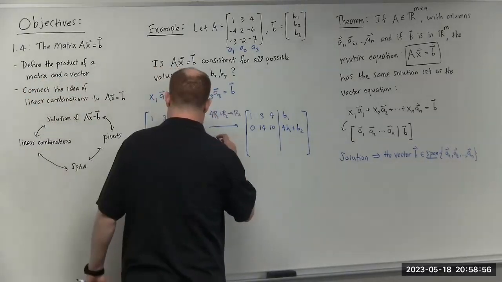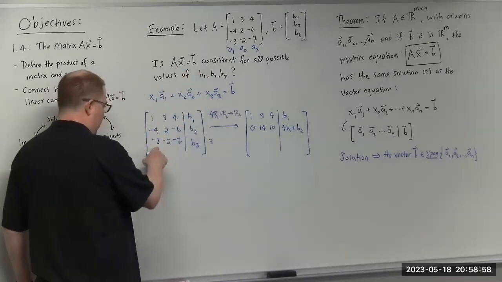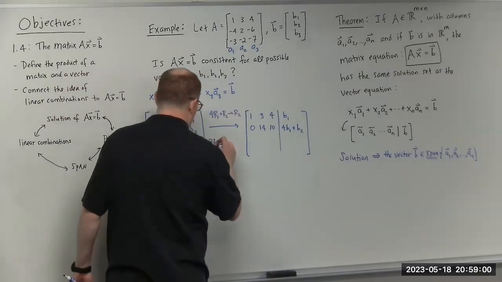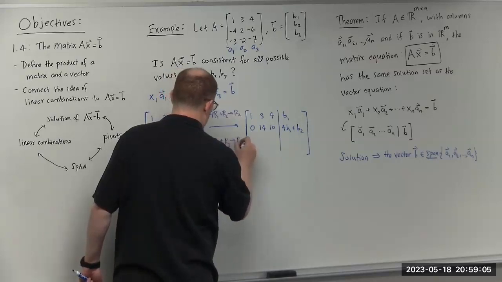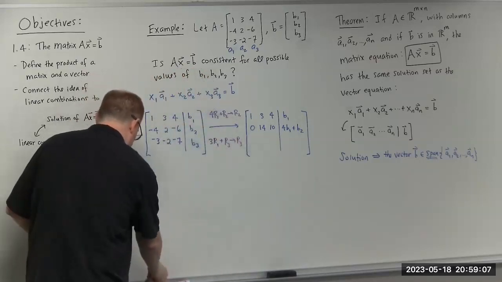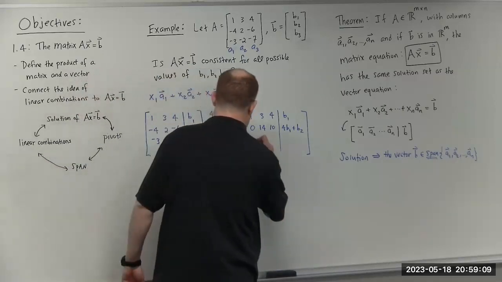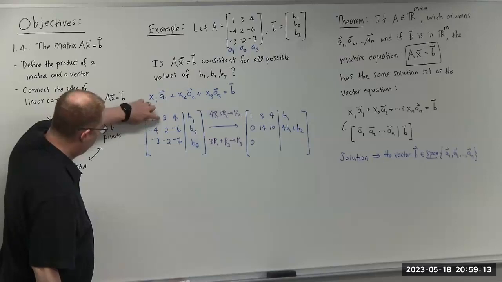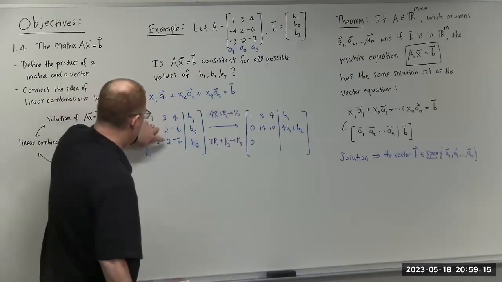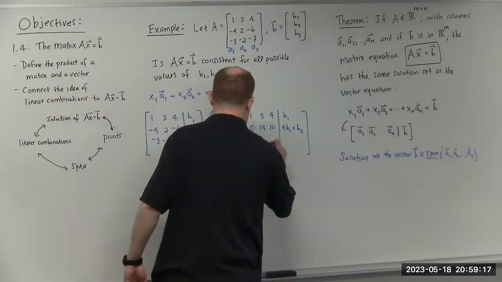I need to get this 0, so I multiply this by 3. So we have 3 times row 1 plus row 3, and store that result in row 3. We're going to get 0 there, since 3 times 1 is 3, minus 3 is 0. Then we get 9, and 9 minus 2 is going to be 7.